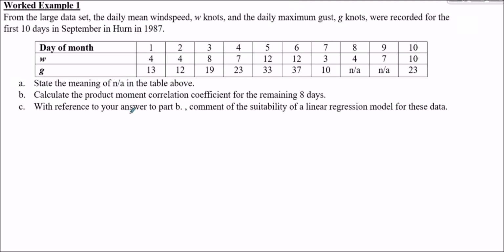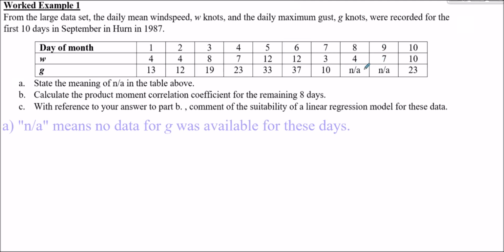Well, NA, in any sort of English-speaking world, literally stands for not applicable. So if G is not applicable, that essentially means we had no data for G on day 8 and day 9 of that month. So for part A, something along the lines of this will do: NA just means no data for G was available for these days.